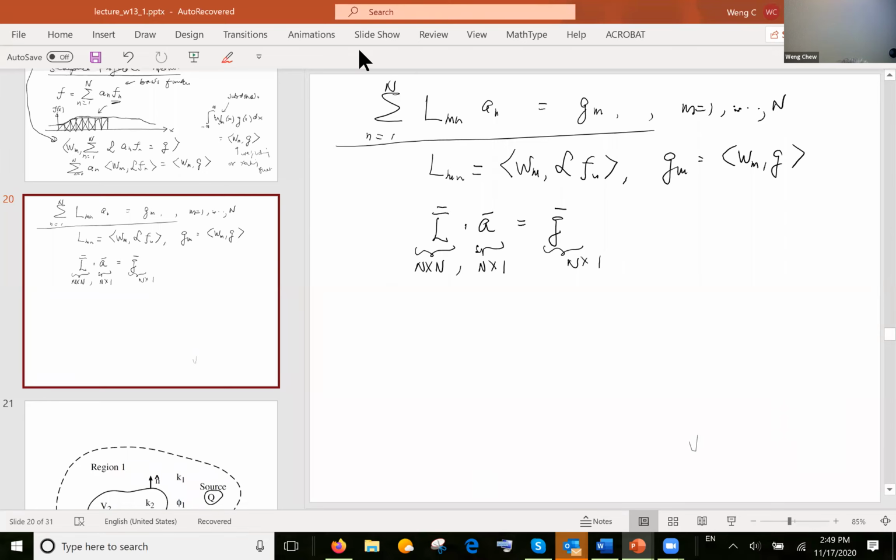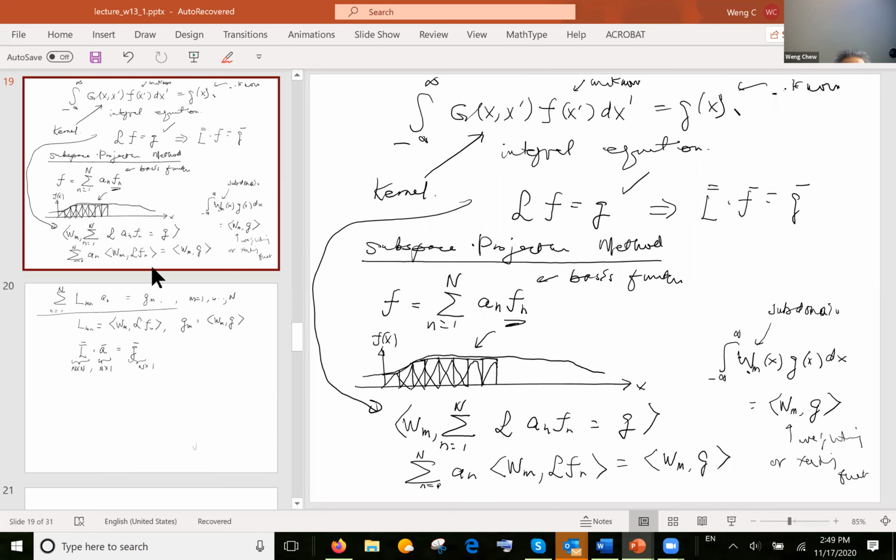Any questions? What is the physical meaning of those testing functions, Wm? Wm is essentially more mathematics than physical meaning, that you try to equate two equations to be equal to each other.